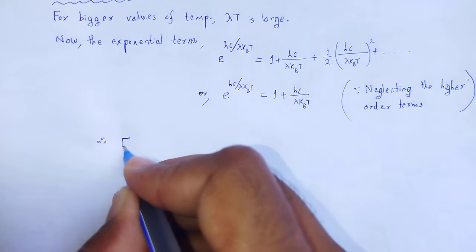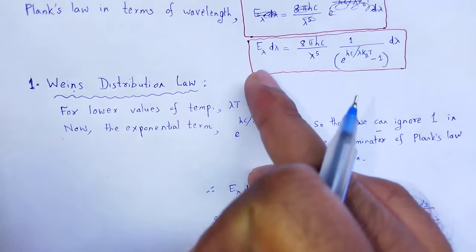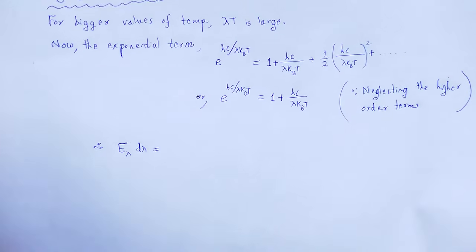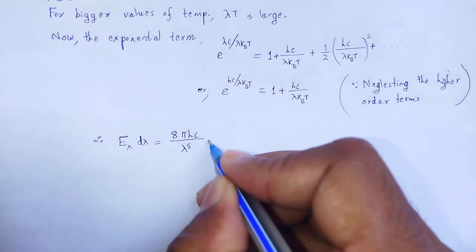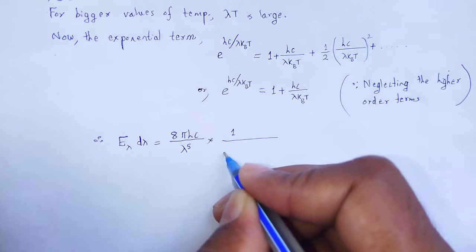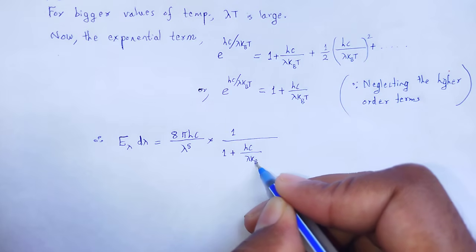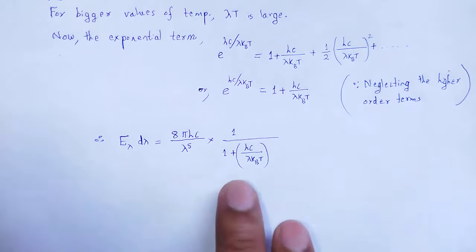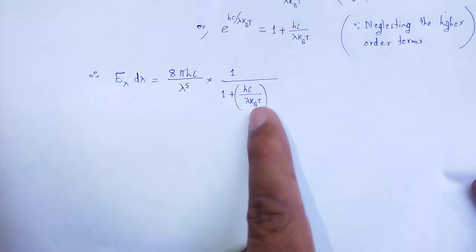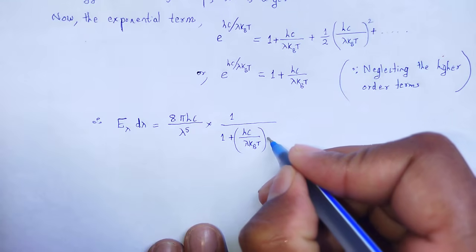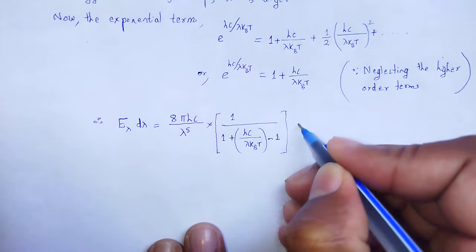Therefore, E lambda d lambda in the expression of Planck's law in terms of wavelength is equal to 8 pi h c divided by lambda to the power fifth into 1 divided by, in place of e to the power h c divided by lambda kBT, we write 1 plus h c divided by lambda kBT minus 1, d lambda.